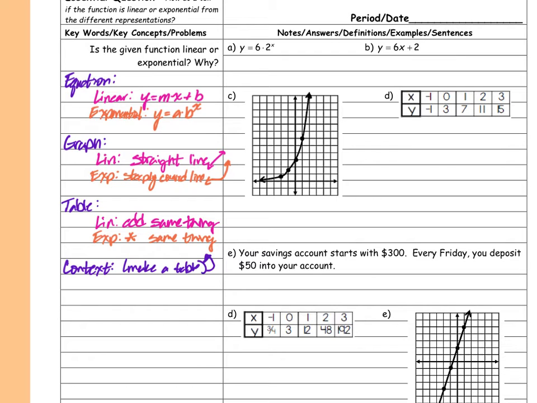You do have the reference sheet from yesterday, the sheet we did for notes yesterday, that says this is what it looks like. You'll have this also if you're taking notes today to help you through the checkpoint: this is linear, this is exponential, this is how I find it. So make sure you're using these notes, especially when you're taking your checkpoints.